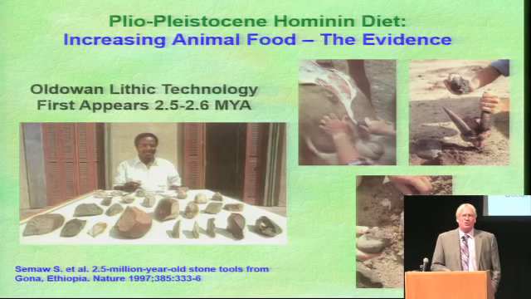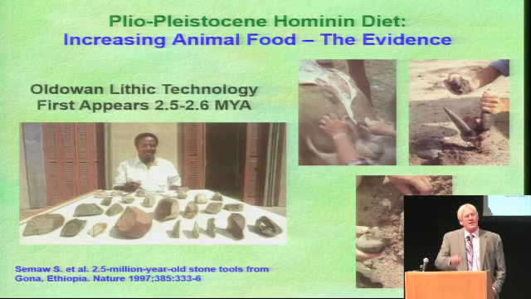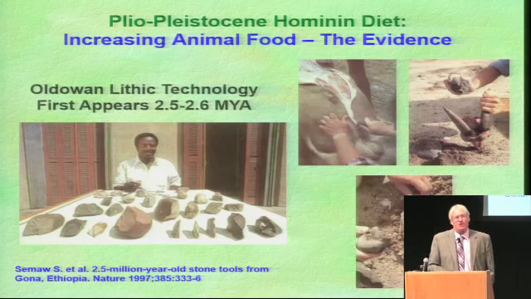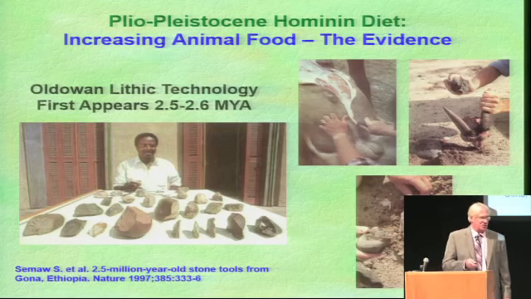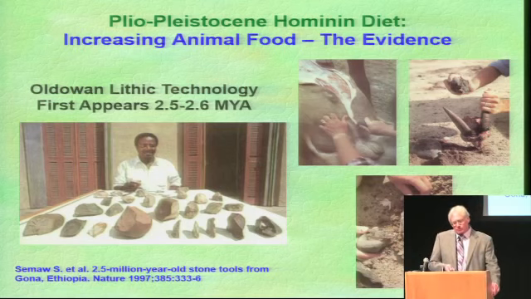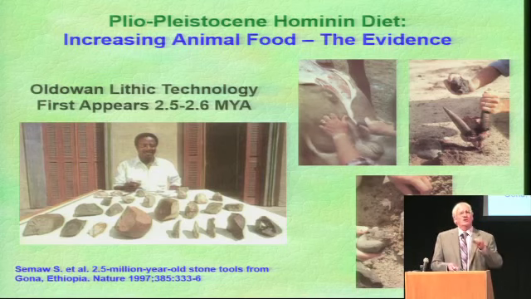There's a core, and there are sharp flakes. Modern-day experiments have shown that these flakes are very effective at disarticulating and butchering large animals. And the core can be used to crack open the skull and get at brains.